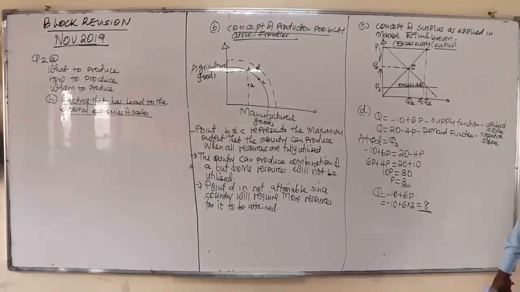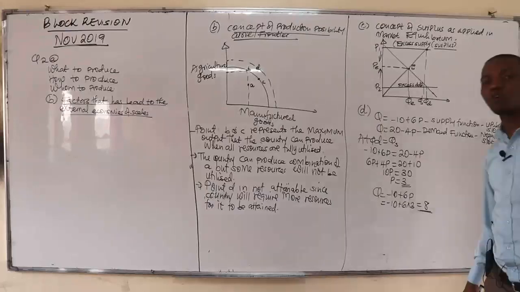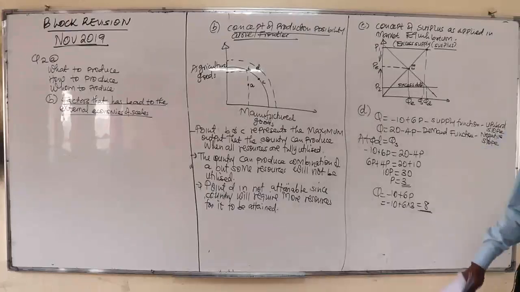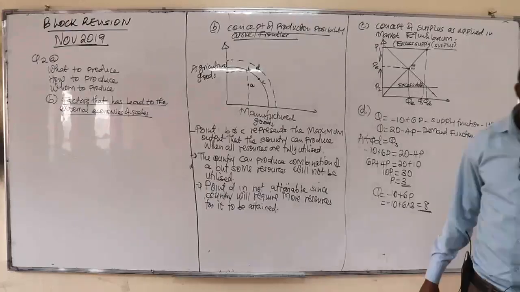They are the ones that affect the internal economies of scale. But in our case here, they want us to talk about what will give rise to the external economies of scale.